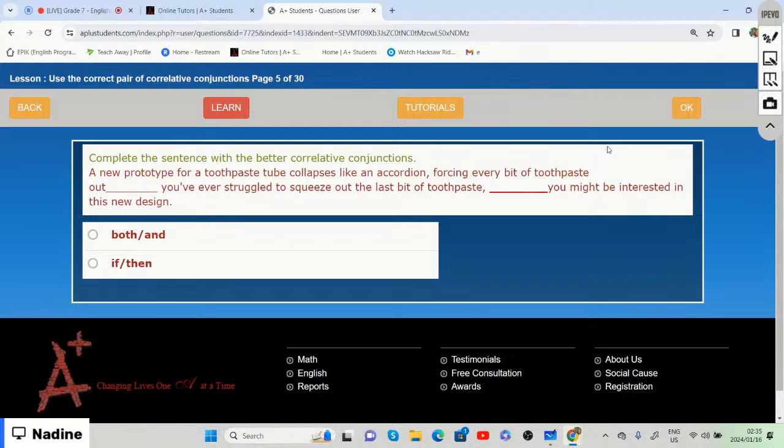Or, a new prototype for the toothbrush tube collapses like an accordion, forcing every bit of toothpaste out.